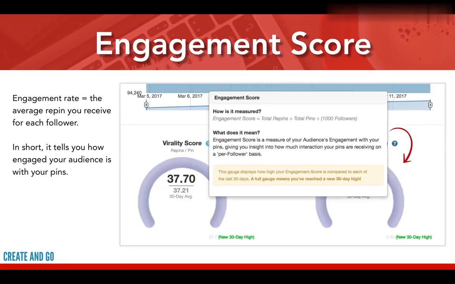And the definition right here: engagement score is a measure of your audience's engagement with your pins, giving you insight into how much interaction your pins are receiving on a per follower basis. You can't actually see it because this dialog box blocked out the score, but the score is shown right here. And again, you want to stay above your 30-day high, or else that means you are losing engagement with your audience for whatever reason.